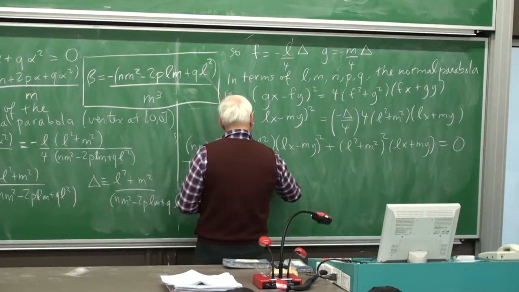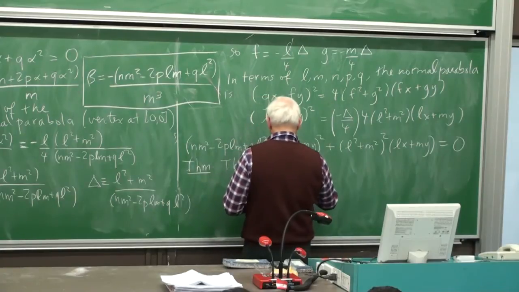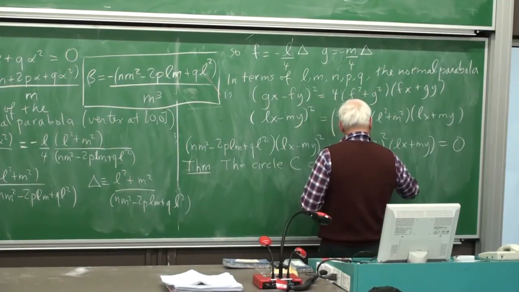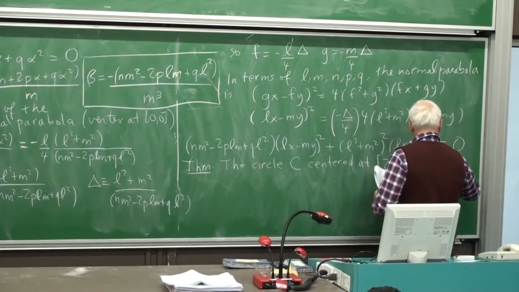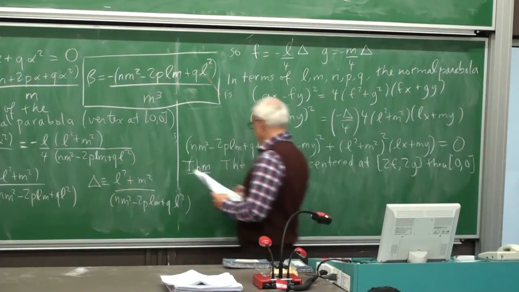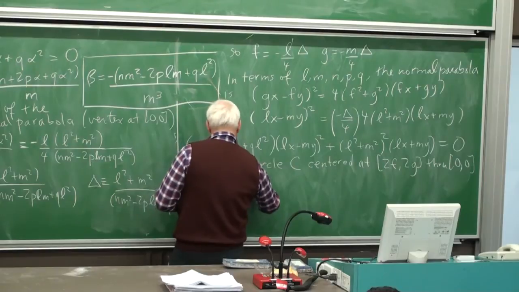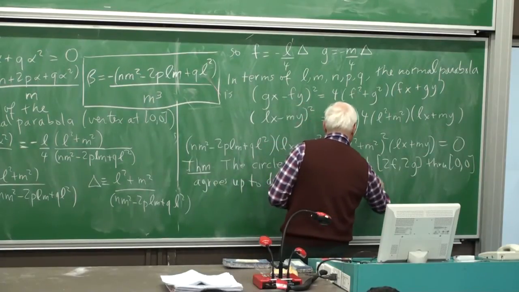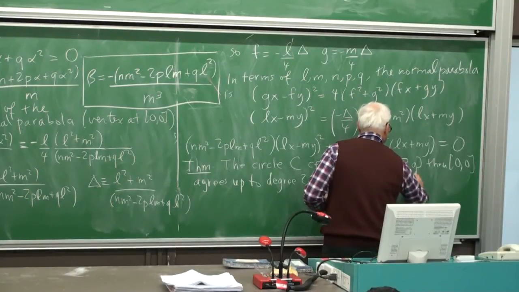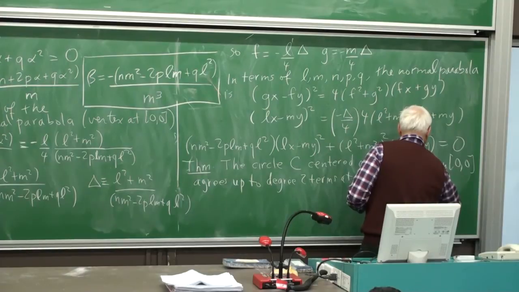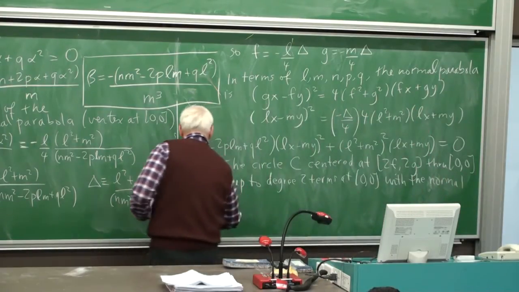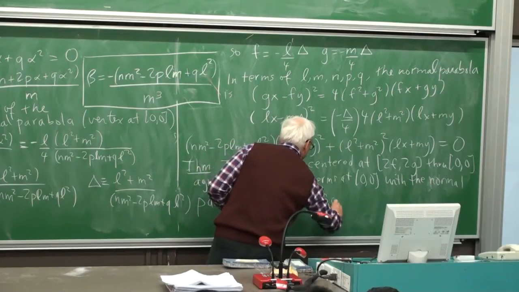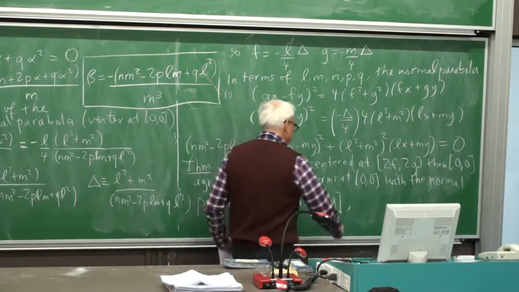So the theorem is that the circle, let's call it C, centered at (2f, 2g) through the origin, agrees up to degree 2 terms at the origin with a normal parabola with focus (f, g) and vertex (0, 0).